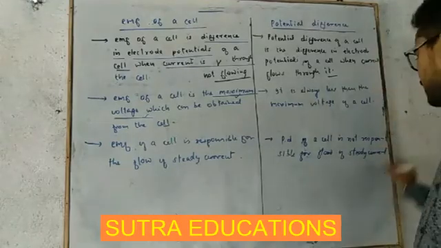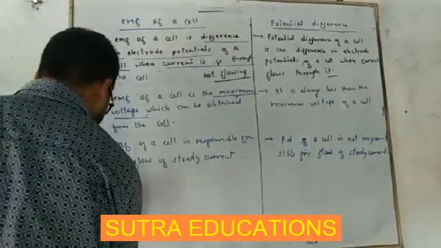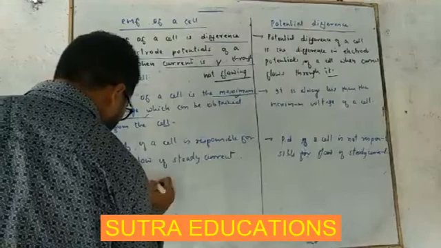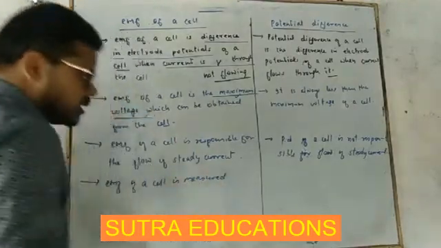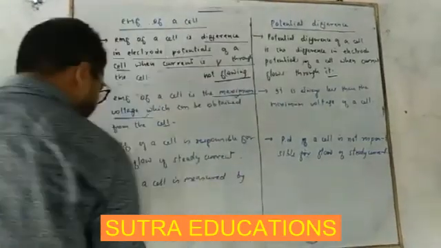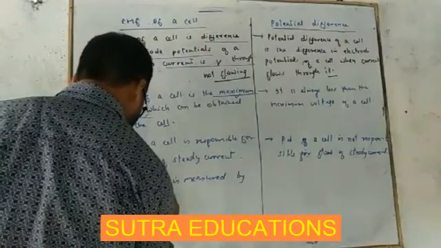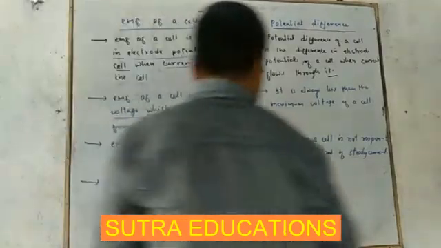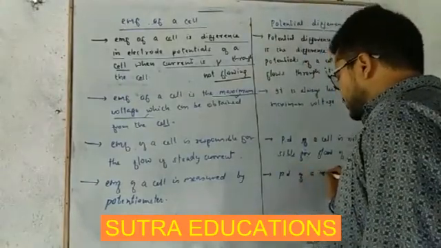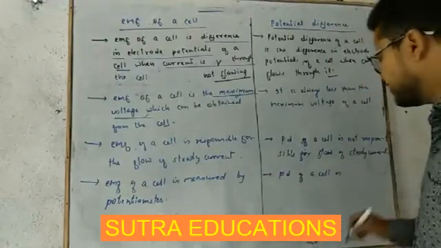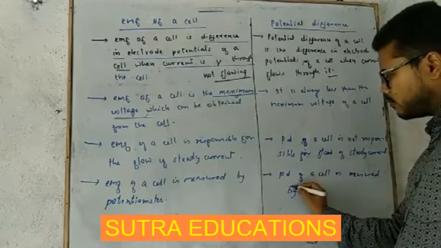EMF of a cell is measured by potentiometer, and potential difference, PD of a cell, is measured by voltmeter.